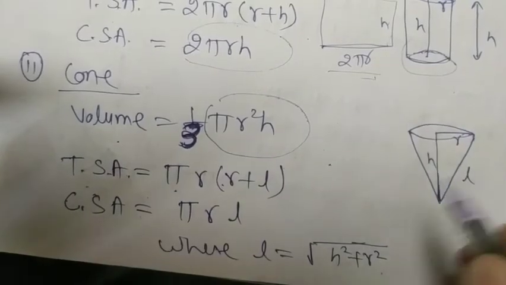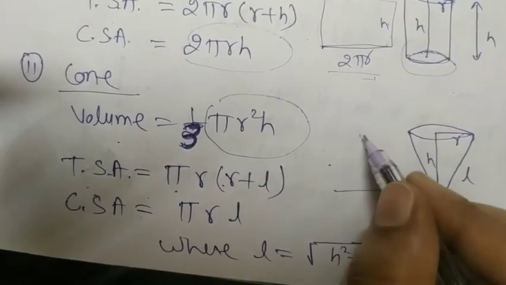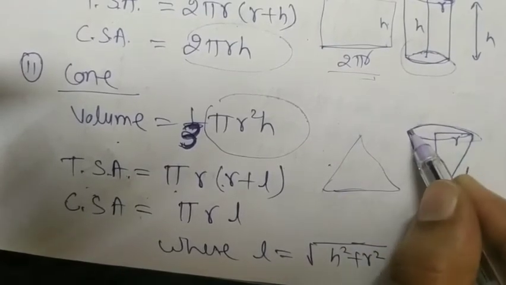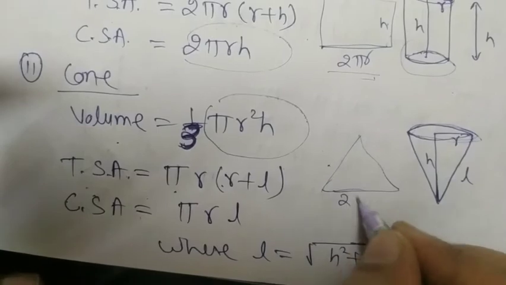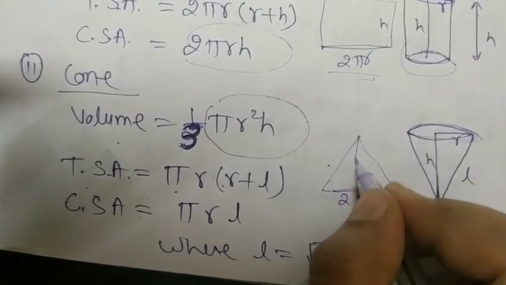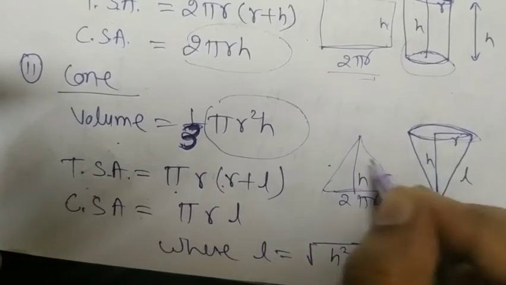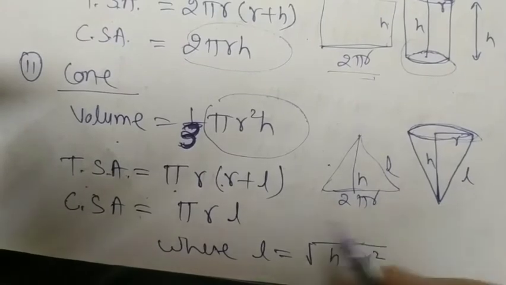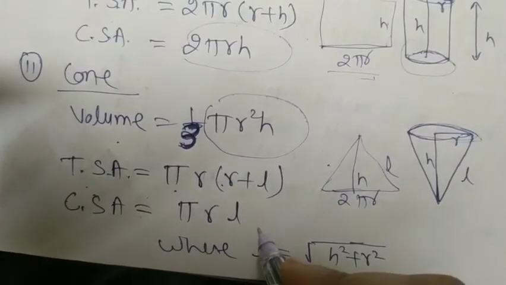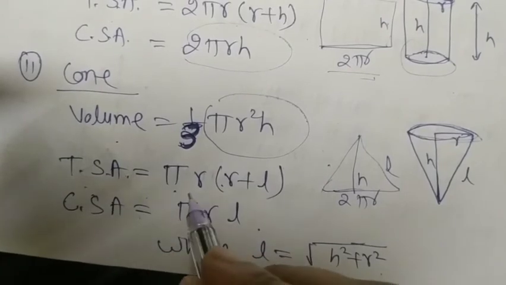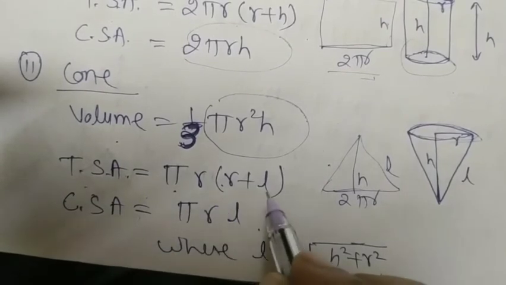If you open this, it will be in some triangular shape, and this part is 2 pi r, the circumference, and the height is H, and this side is L. The curved surface area will be pi r L, and the total surface area will be pi r (r + L).